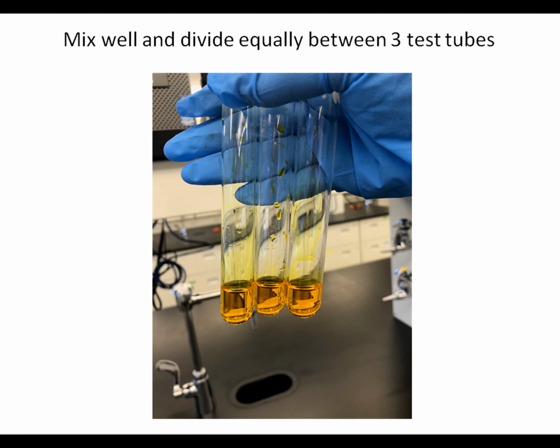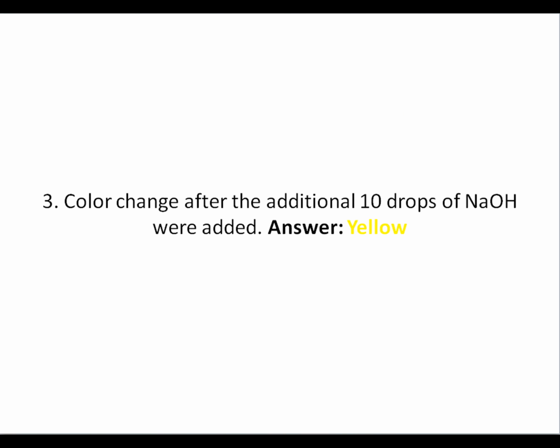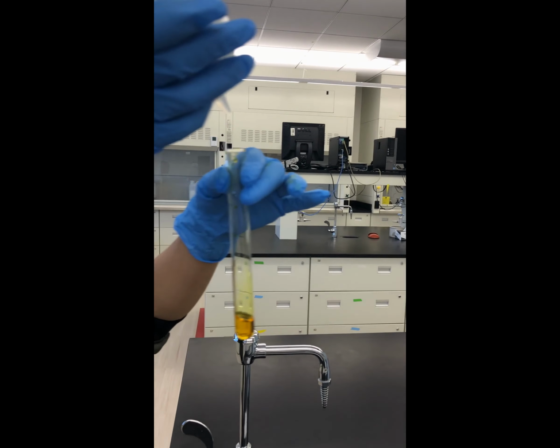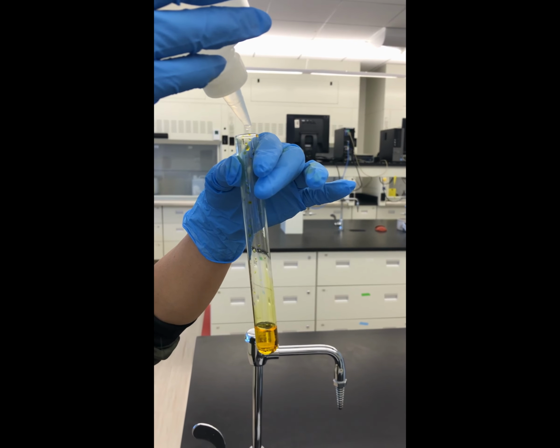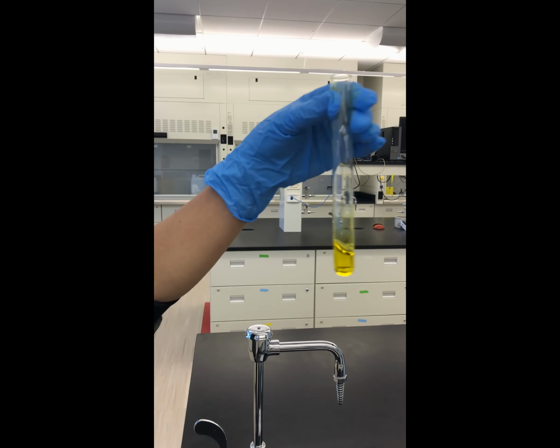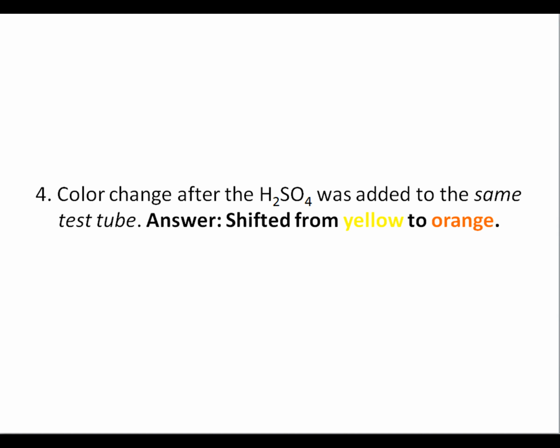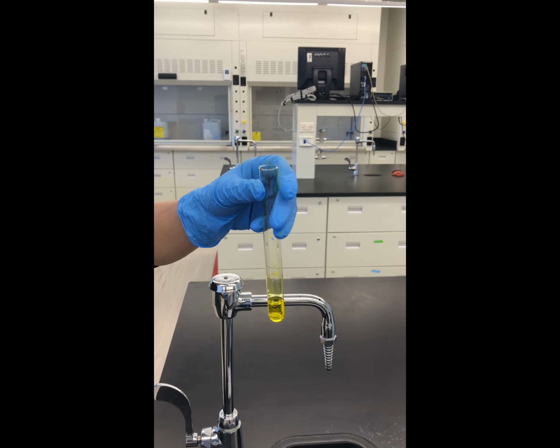Next, you're going to mix well and divide equally between 3 tubes. Number 3, we're going to observe the color change after the additional 10 drops of NaOH are added, and it should turn yellow. Number 4, we're going to observe the color change after H2SO4 is added to the same test tube, and it should go from a yellow to orange color.